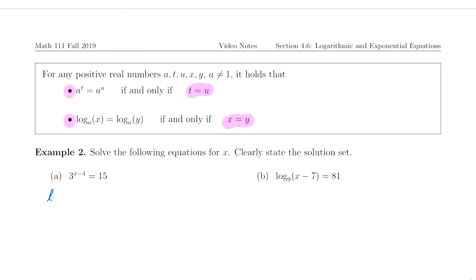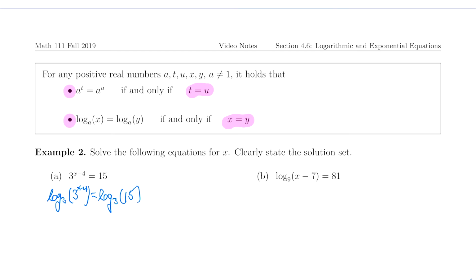So if I take the logarithm, in this case I'm going to choose base 3, but we are later on choosing another base, of 3 to the x minus 4, here I'm just choosing it because it's a base that is there already. Logarithm to the base 3 of 15.